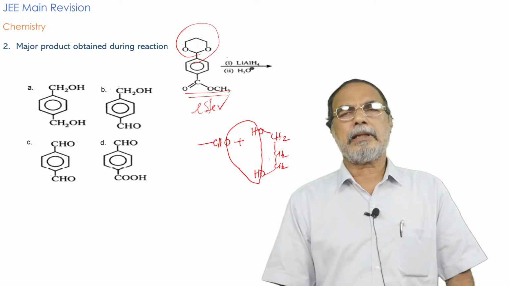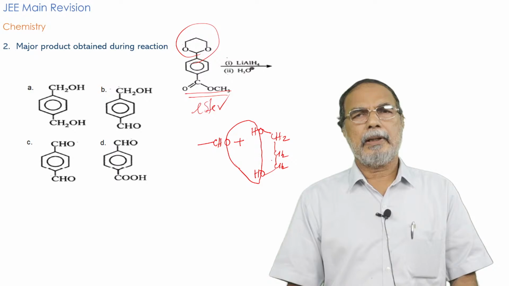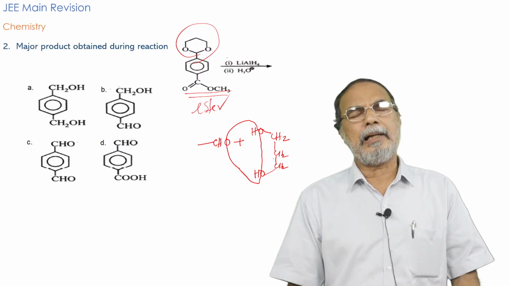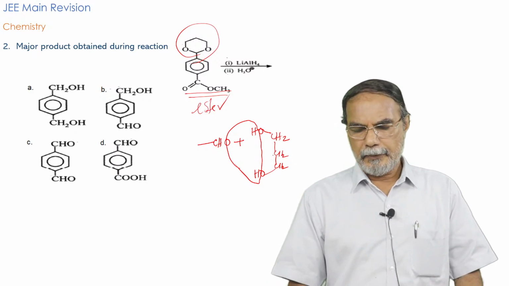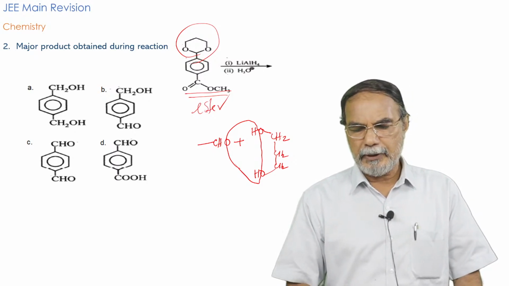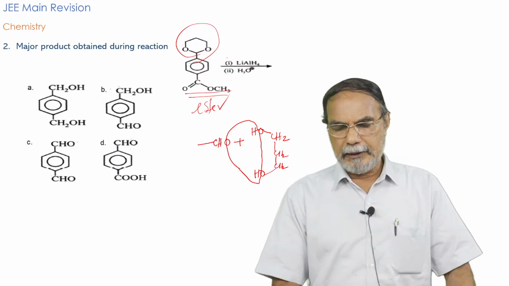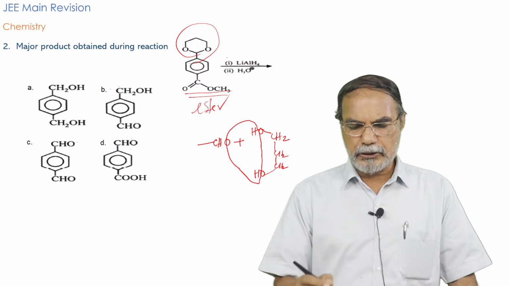Actually, this reaction of an aldehyde or ketone with a glycol is a method of protecting the aldehyde group or keto group. So that sort of group has been generated here in this compound, and now lithium aluminum hydride is used to reduce this compound.